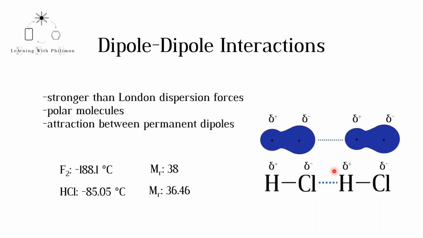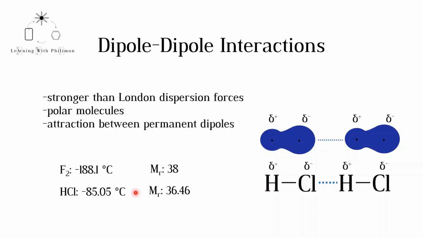Let's compare the boiling points of fluorine and hydrogen chloride. Remember that all molecules experience London dispersion forces. As the molecular masses of the molecules are similar, they will experience London dispersion forces of similar strength. However, hydrogen chloride also experiences dipole-dipole interactions.